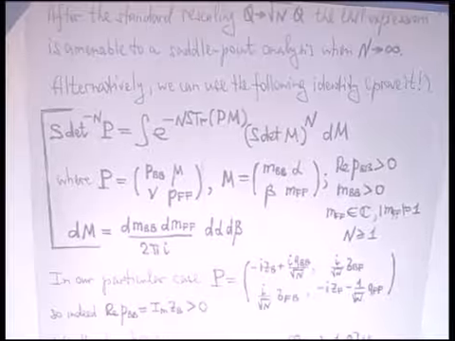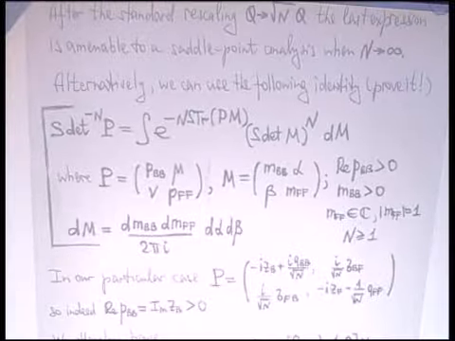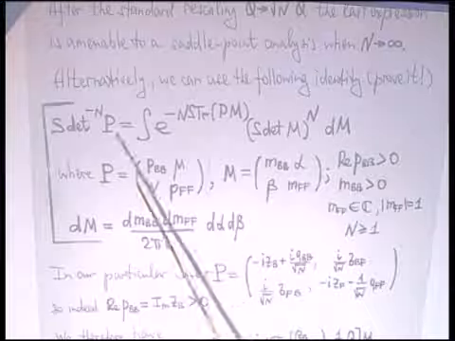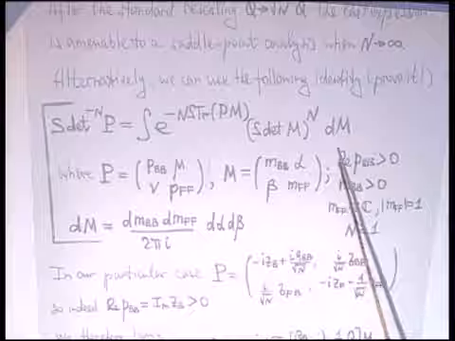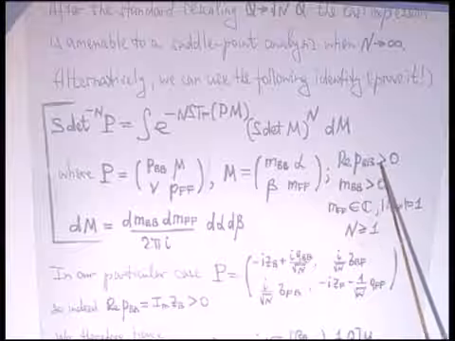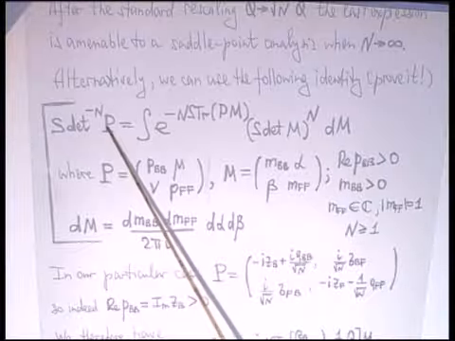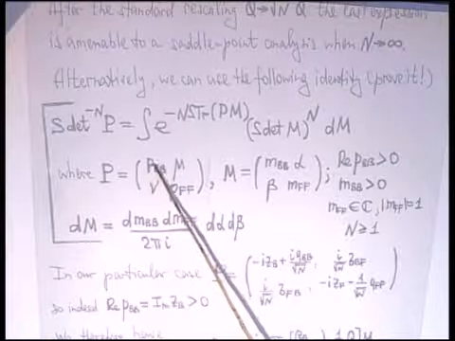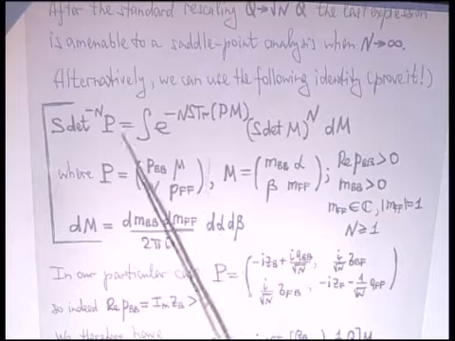And in this particular context, one can verify the following useful formula, provided that the real part of the boson variable in the 2 by 2 supermatrix P is positive.